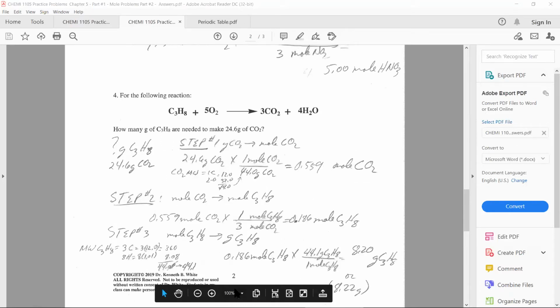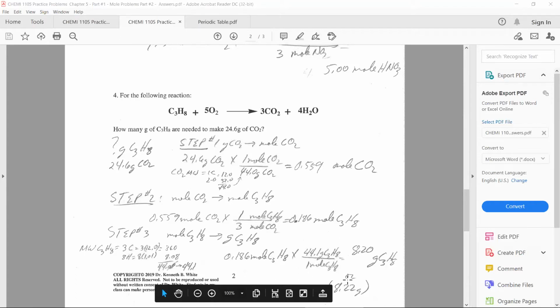Remember, when you add, you keep the same number of significant figures past the decimal as the number that has the fewest. And notice this is 1, this is 2, 44.08 rounds off to 44.1. Put that in there. Moles of propane divided by moles of propane cancel out. 3 significant figures, and 1 is an exact number, 1 mole.